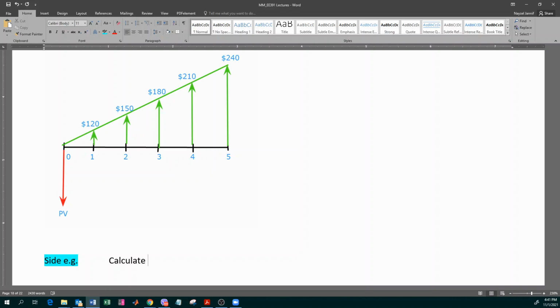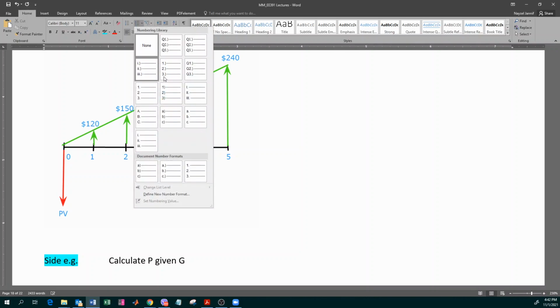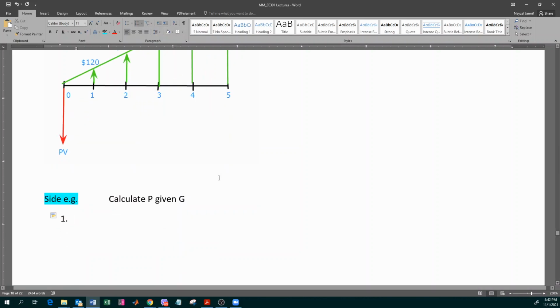We've got to calculate our P given G. Now, there are some rules over here.